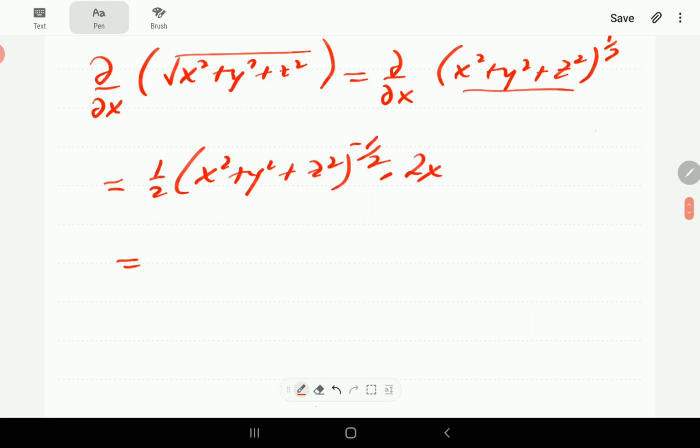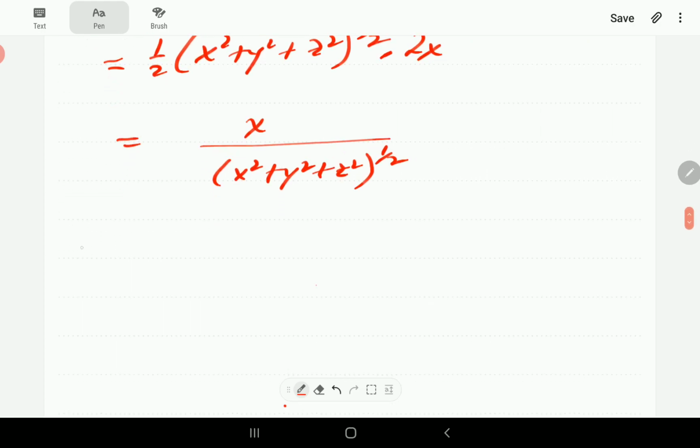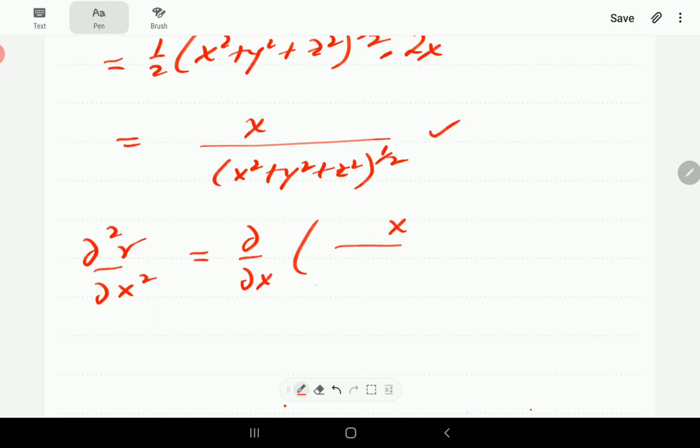So that means this thing is going to be x over the square root of x squared plus y squared plus z squared to the power 1/2. So that is the first order derivative. Then the second order derivative is simply going to be the derivative of this thing here. So that means we are now going to have to use the quotient rule.